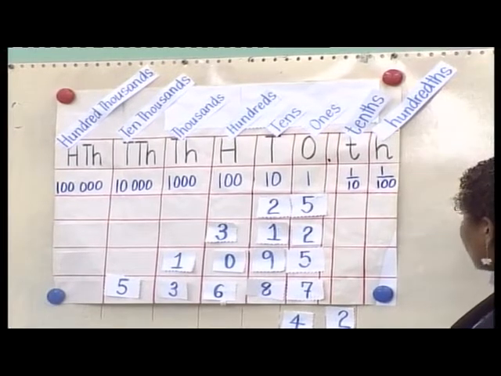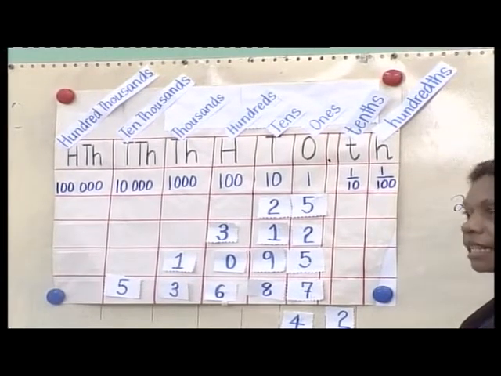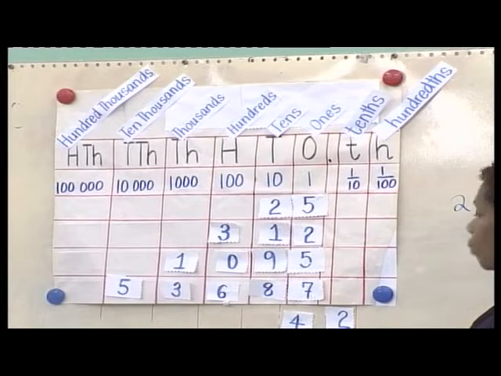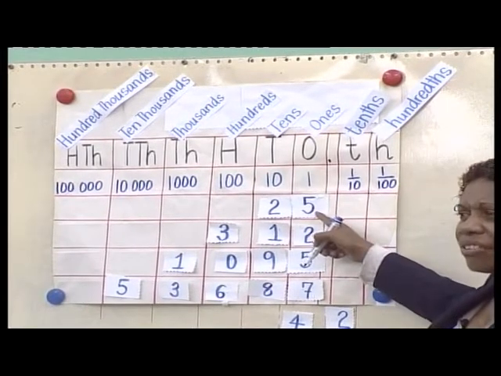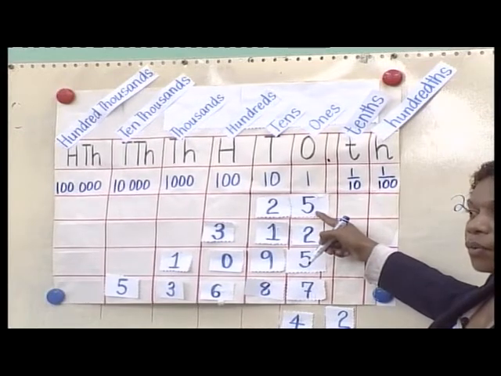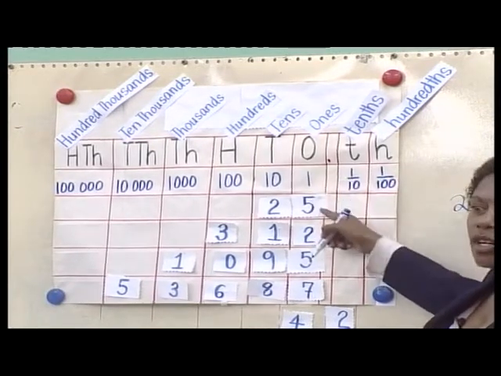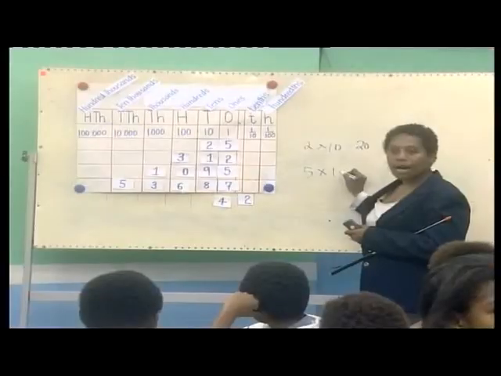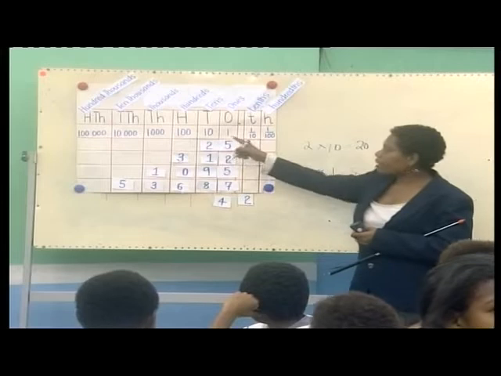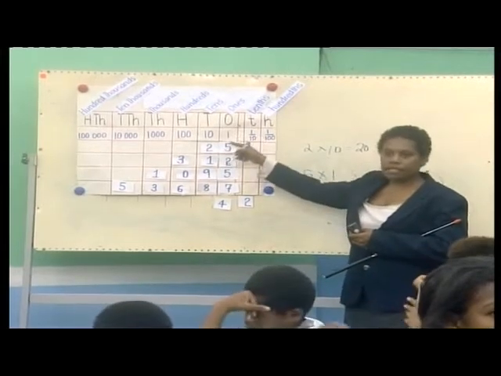So if 2 is there, we multiply 2 times 10, which is equal to 20. What is the value of 5? 5 is in the ones column, so it will be just 1. You say 5 times 1 is 5. Value of 5 in here is 5.